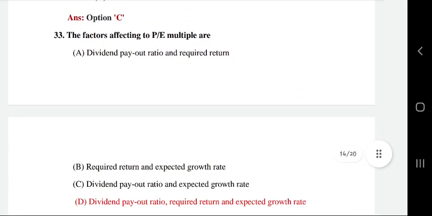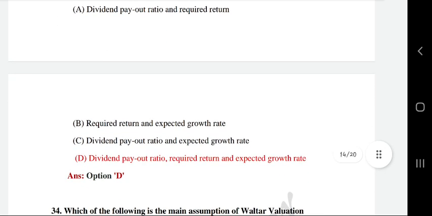The factors affecting price earning multiples are, the answer is option D: dividend payout ratio, required rate of return and expected growth rate.